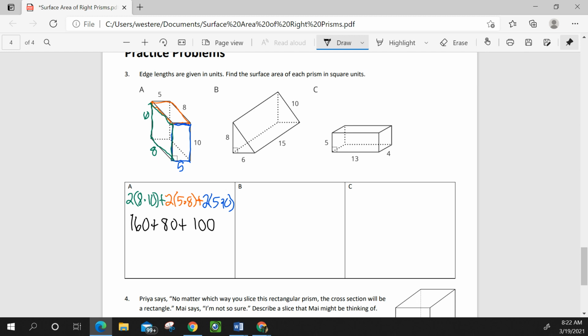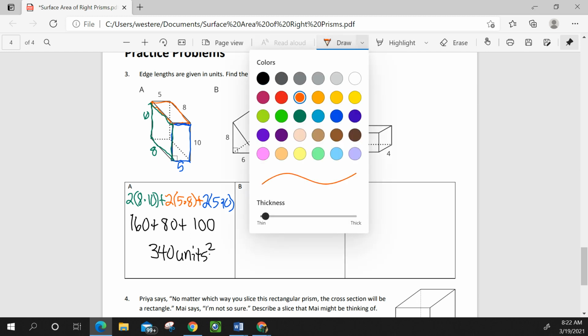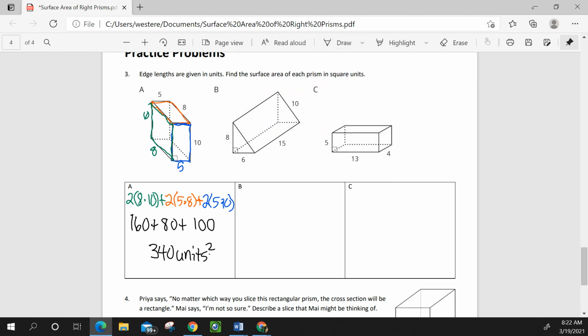So take a second, figure that out. You should come up with 340 units squared, because it's area. So we square it. Okay, let's look at the triangular one. Okay, so I'm just going to highlight my bases really quick.